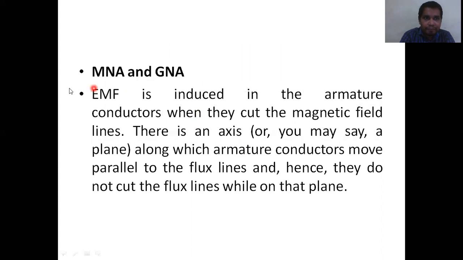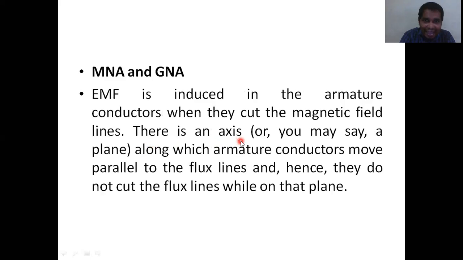Right? So here there are two notations, MNA and GNA. What is MNA and GNA? Let us see the EMF, that means electromotive force, induced in the armature conductor when it cuts the magnetic field. Whenever the conductor cuts the magnetic field, then only EMF will be induced in the conductor. That EMF is directly proportional to the rate of change of flux linking the coil.